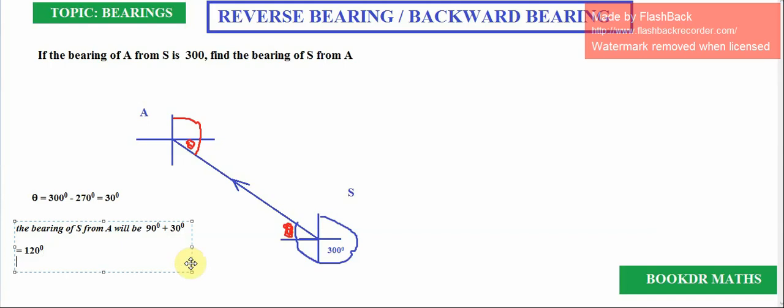Let's look at 300 degrees minus 180 degrees. It also gives us 120 degrees. So this is how we find the values of reverse bearing in 3 digits.